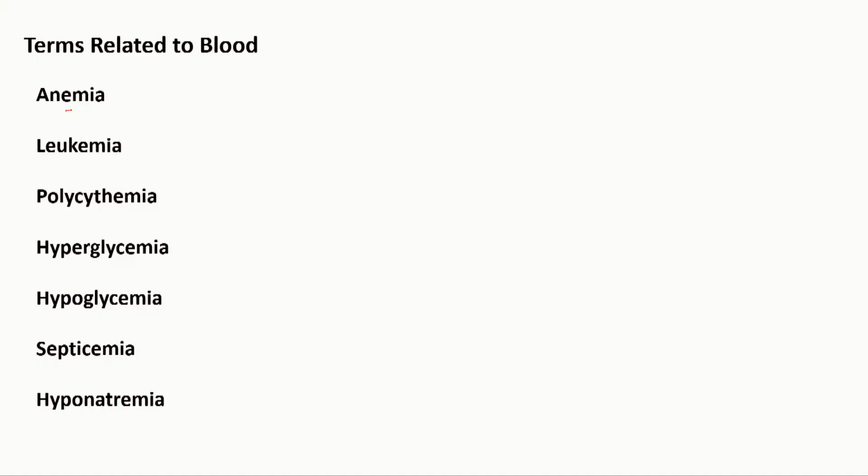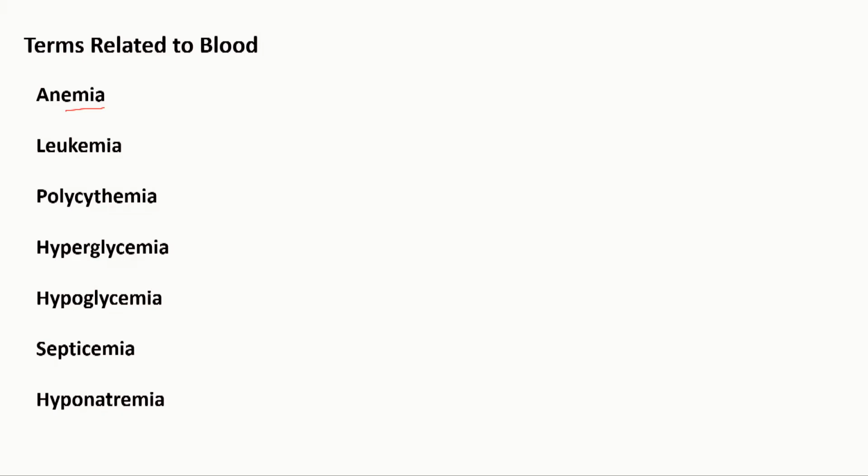There are terms related to blood which we can discuss. Once there is the suffix emia, E-M-I-A, that stands for blood. Anything related to blood ends with emia.